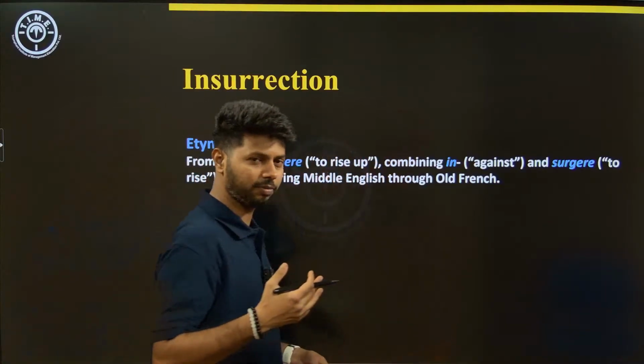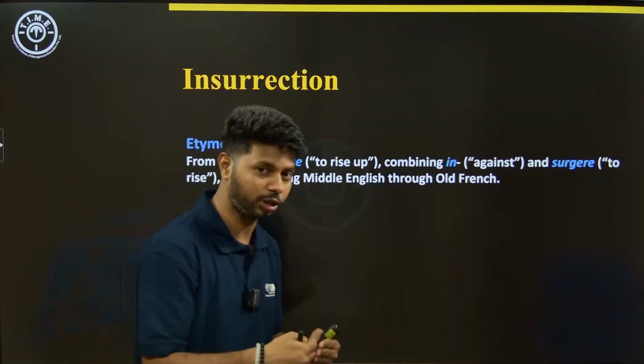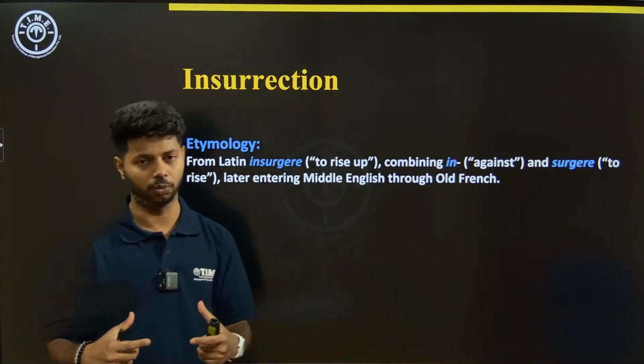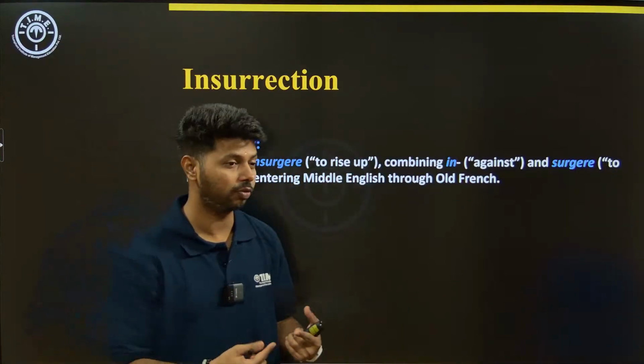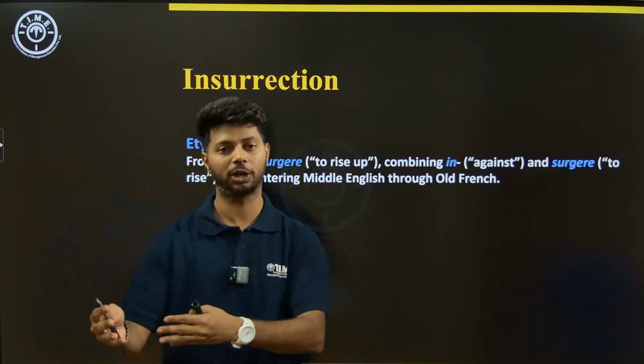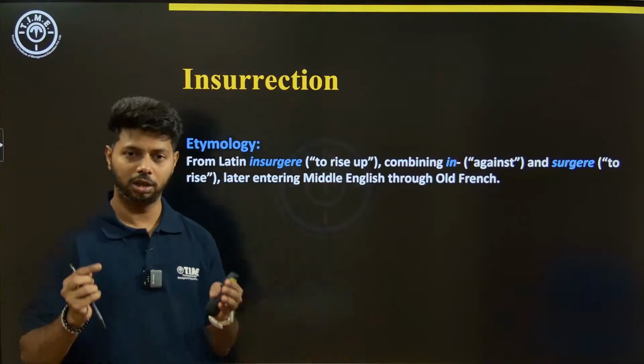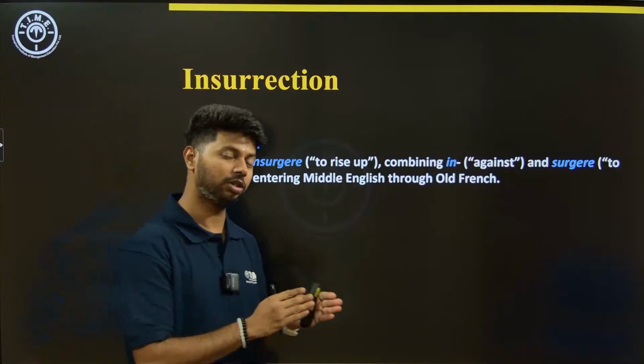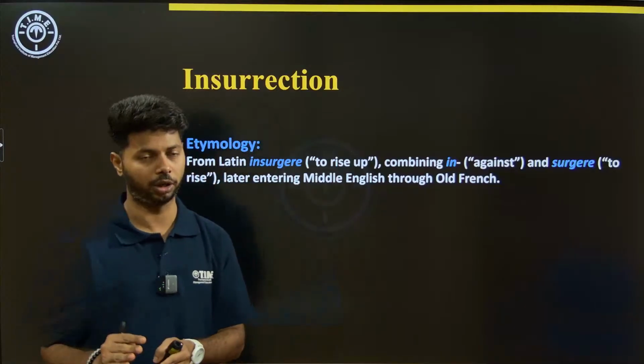You do enough reading to encounter enough words, learn the meaning of the words. But even when you learn the meaning of the word, don't just look at the dictionary and be done with it. Try to understand the word, try to see how these words are used in different contexts, right?